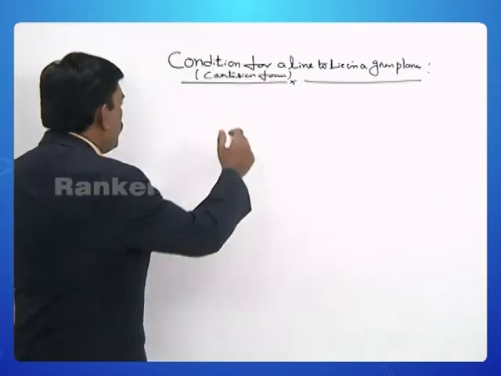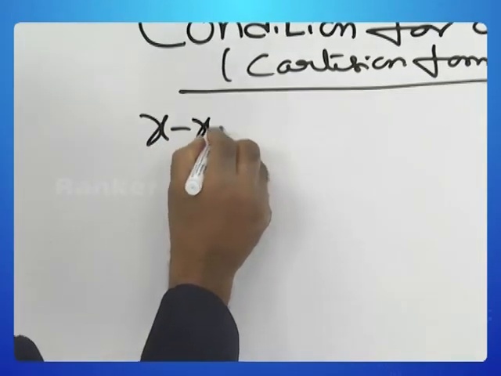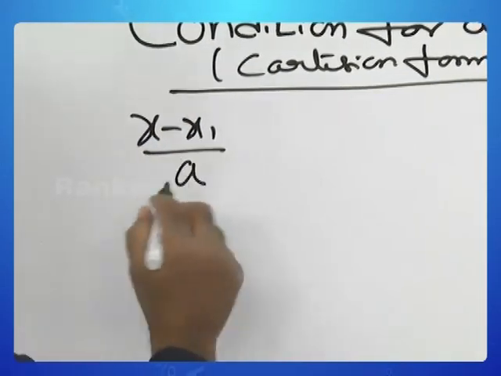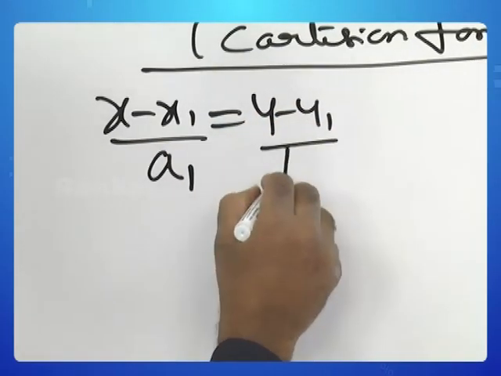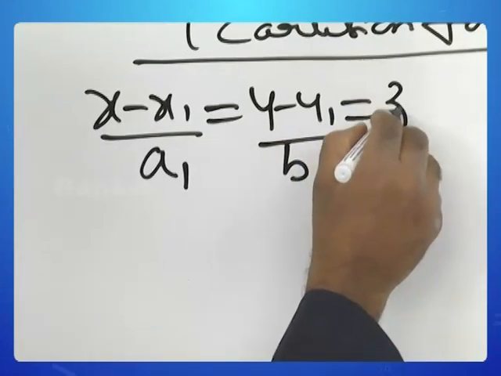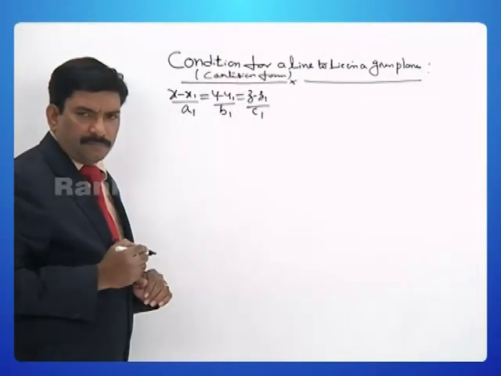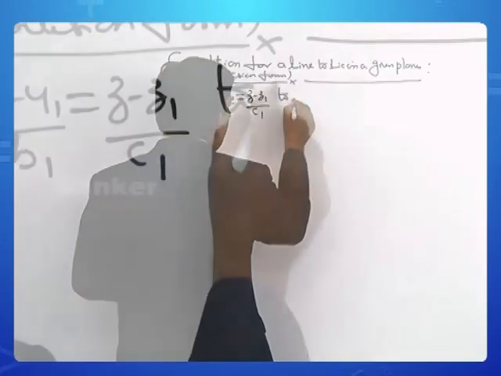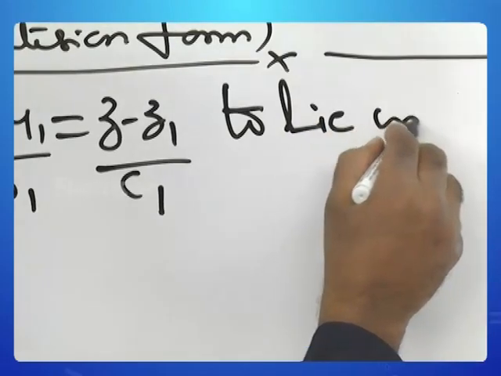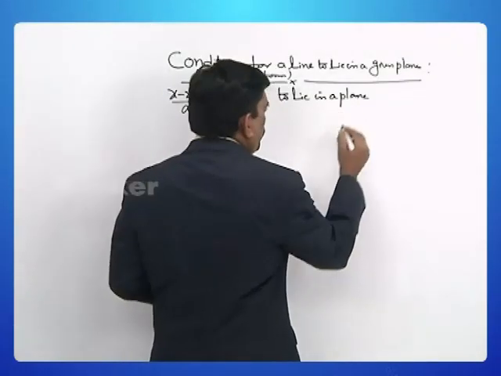What's the equation of a line? The equation of a line is (x minus x1) by a1 equals (y minus y1) by b1 equals (z minus z1) by c1. Call this line 1. To lie in a plane, what's a plane?